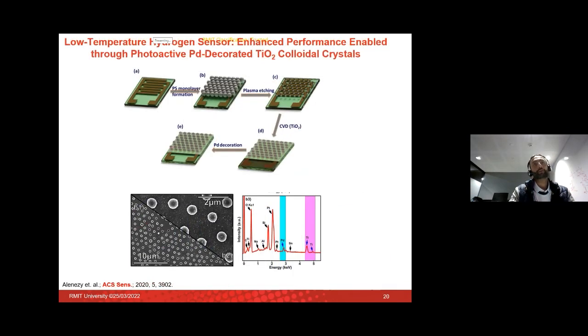So then we thought, okay, we can make photoactive materials and get them reproducible at the same time. Can we use this combination to tackle the big sensing challenge on hydrogen that everyone's working on? So what we did was we got our resistive IDTs, deposited our polystyrene template on it.